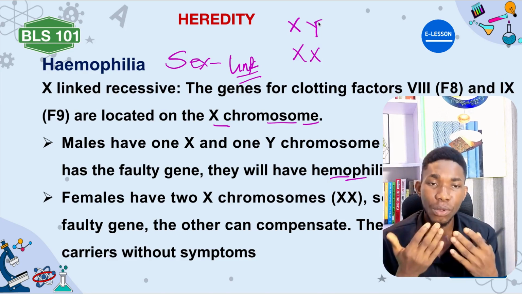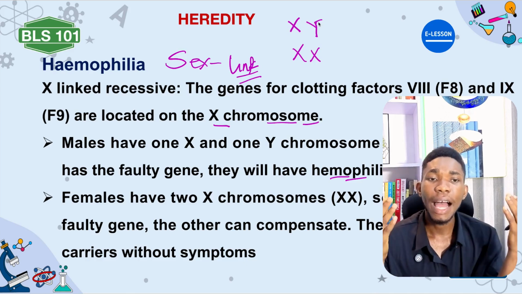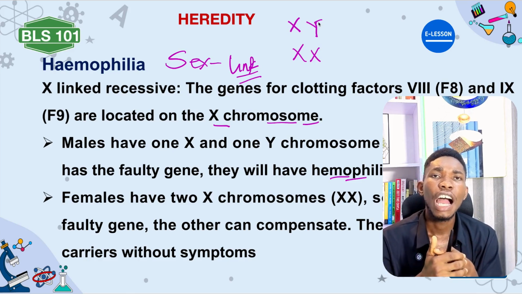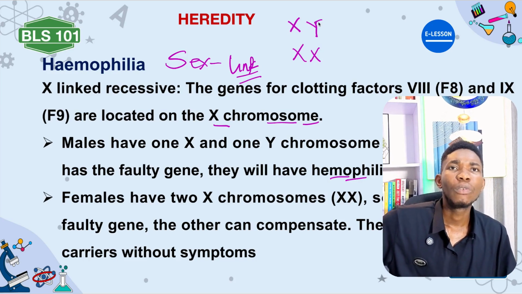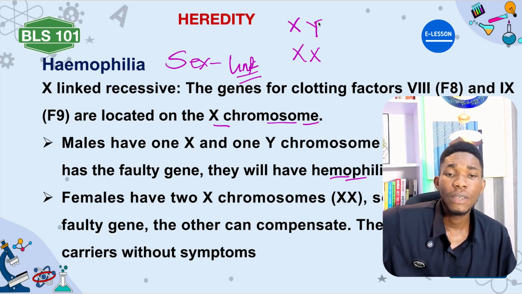But in hemophilia, men are usually the ones that experience this excessive bleeding. If a woman has hemophilia, during childbirth it will be very difficult for her. She may not even survive childbirth because of postpartum hemorrhage.